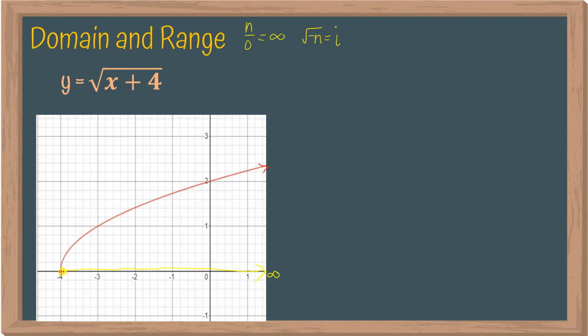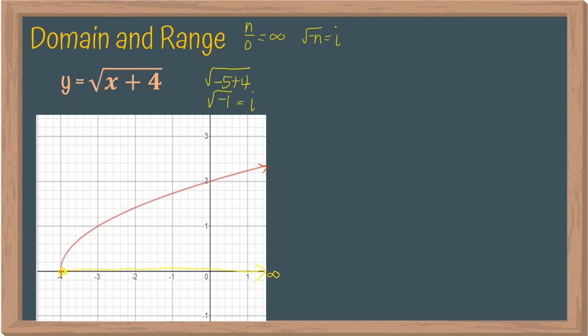Tama din naman. Kasi if we will be getting values less than negative 4, such as, let's say, negative 5, if we're going to substitute here to our function, that will be negative 5 plus 4. That will be the square root of negative 1, and that will give us an imaginary number. So yun yung restriction na kailangan nating i-check dito.